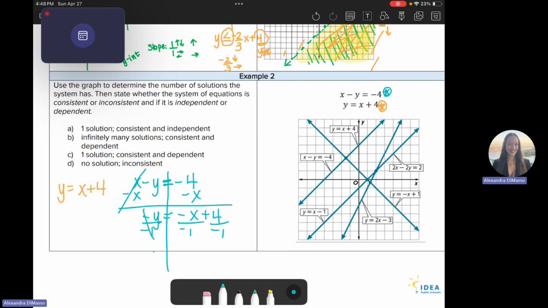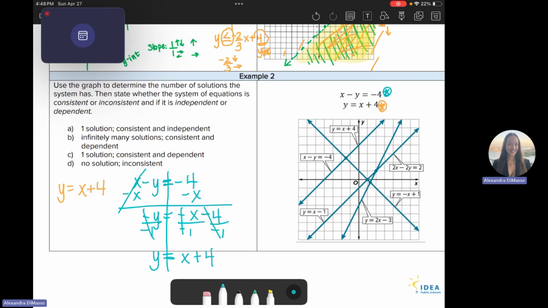So I'm left with y equals, negative and negative cancel out. I just get a positive x. Oops, I just realized I wrote something wrong. This was supposed to be minus. That's a negative. Okay, so negative divided by negative, these two will cancel out.